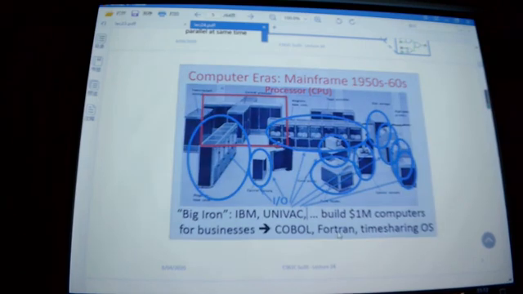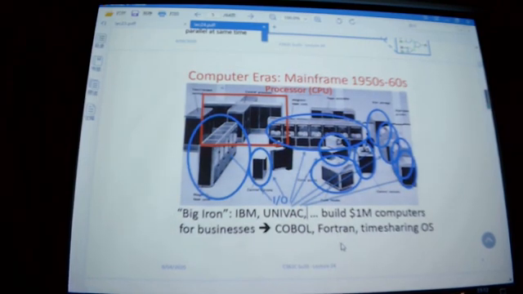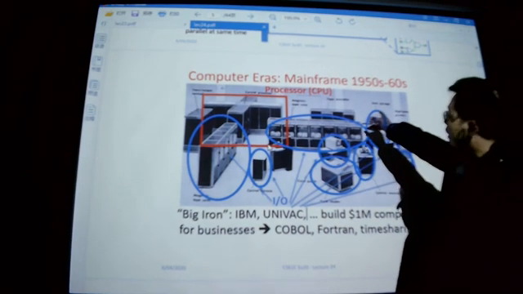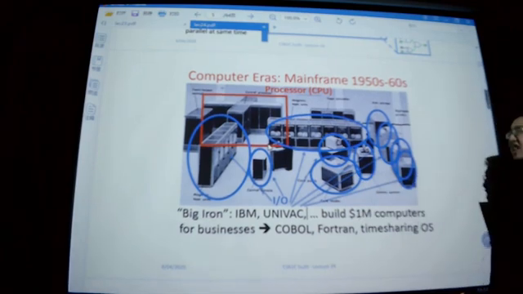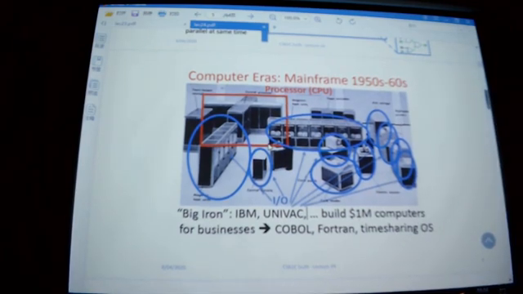Okay, Fortran is another programming language from the past. IBM and Univac are computers from the past. Big Iron is one symbol. You can see these are some computers, with a processor, the CPU.